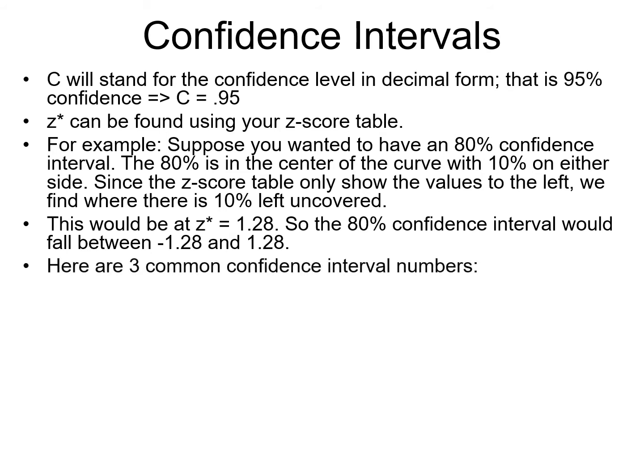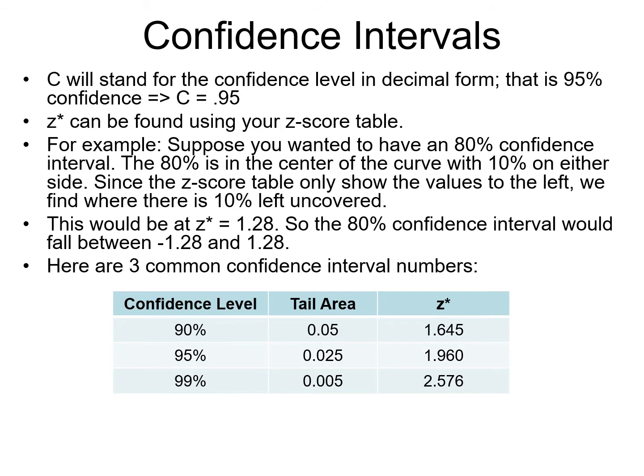There are three common confidence interval numbers that we're going to be using quite a bit. So you don't have to spend a lot of time looking at your table. You can just have them right here. So for a 90% confidence, which means that there is 5% on each side, you would use z-star 1.645. A 95% confidence level, which means there's 2.5% on each side, is 1.960.